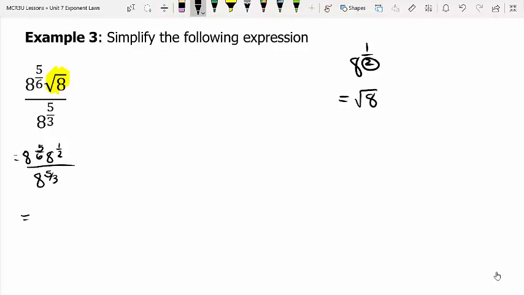Now I'm going to simplify my numerator. 8 to the power of 5 over 6 times 8 to the power of a half. We're multiplying exponents with the same base, so I'm going to use the product rule and add my exponents.